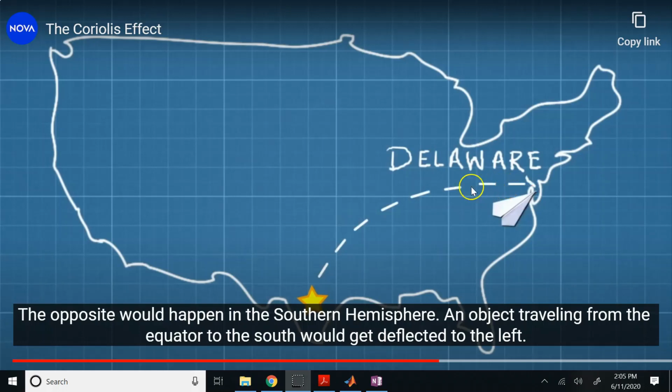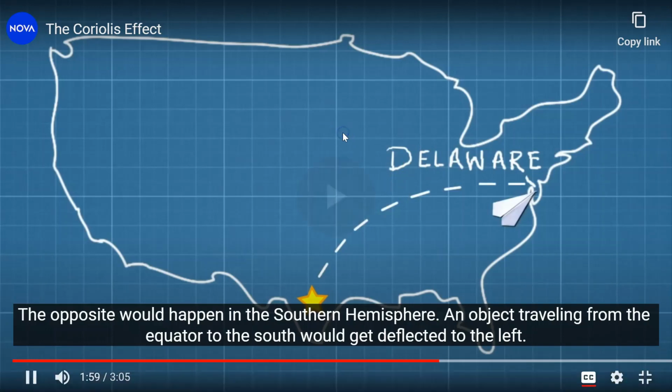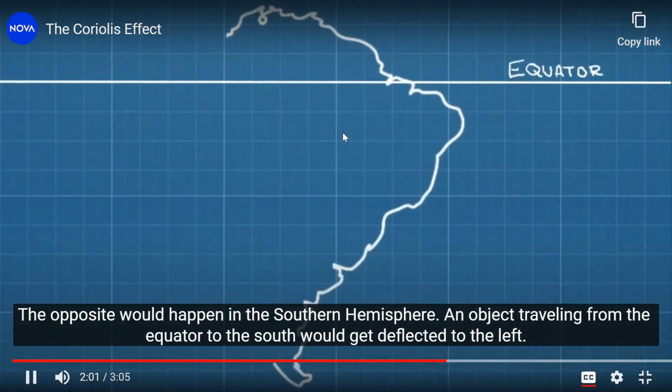Okay? And then the opposite of that happens in the southern hemisphere, because as you move south from the equator, again you lose radius, you lose velocity, you lose momentum. So if an airplane is heading south, again it has to shift to the right to have that momentum conserved. The opposite would happen in the southern hemisphere.